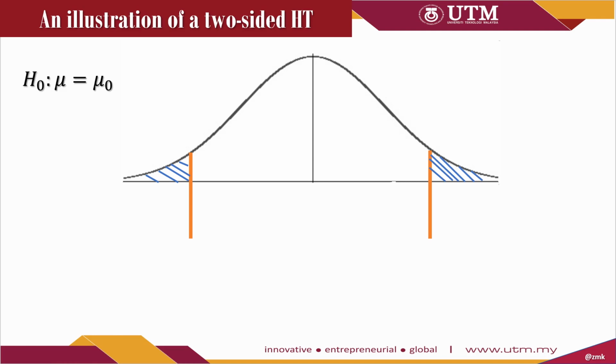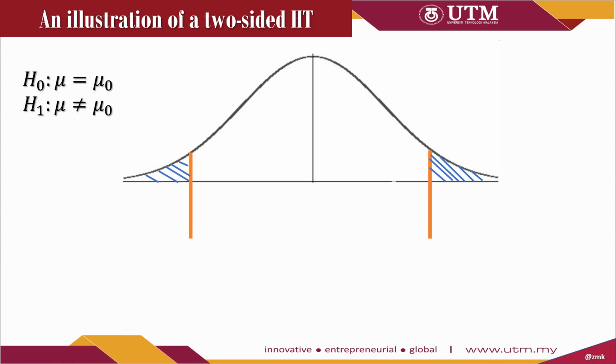Therefore, we can write the null hypothesis H naught like this. H naught followed by a colon, followed by a statement about the parameter of interest, which is mu equal to mu naught. The alternative hypothesis H1 can be written like this. H1 followed by a colon, followed by mu not equal to mu naught.